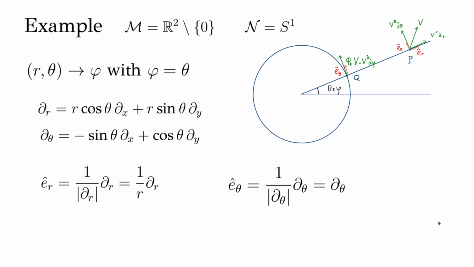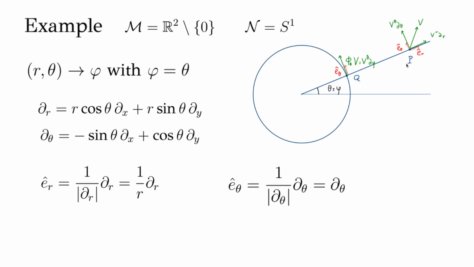This is another very simple example where we consider the manifold M to be the plane with the origin removed, and the manifold N to be the circle S1. We construct a very simple map between the two by placing the circle with center at the origin and considering rays starting from the origin.